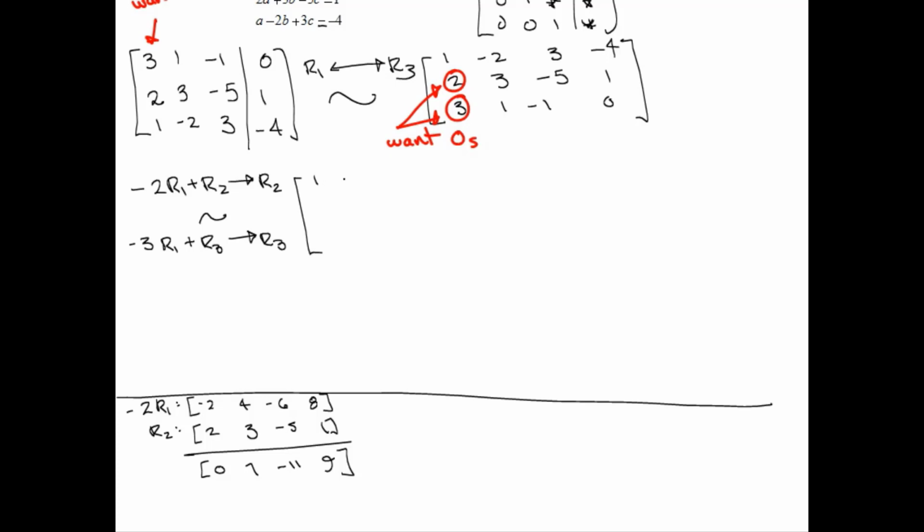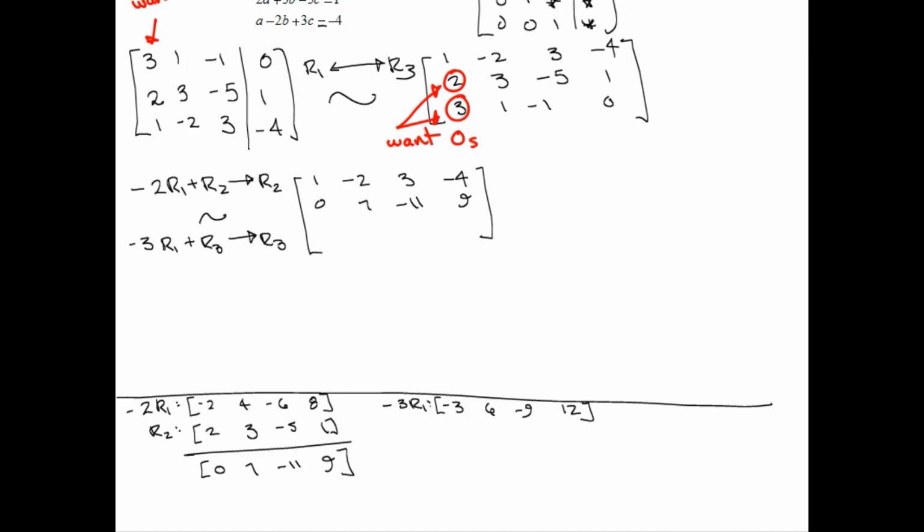So row 1 stays unchanged. Then we get 0, 7, negative 11, 9 for row 2, and now we need to do row 3. So here we're going to do negative 3 row 1. And so that's going to give me a negative 3, a positive 6, a negative 9, and a positive 12.